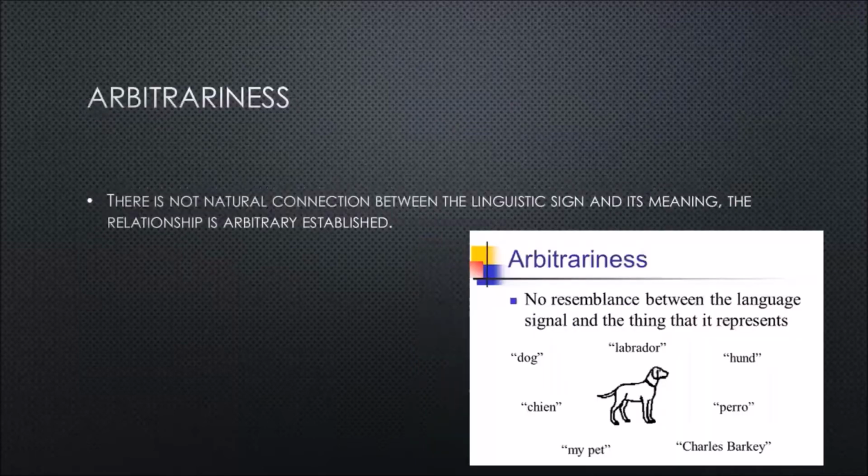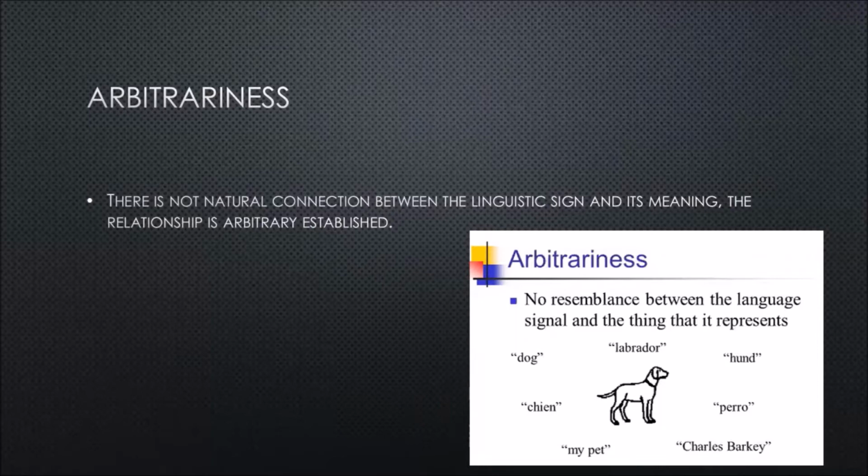We have then arbitrariness. We are going to go deeper into this feature when we deal with Ferdinand de Saussure. But this is a key feature also because through this property, we can see that there is no natural connection between the lexical component, the linguistic element, and the object.